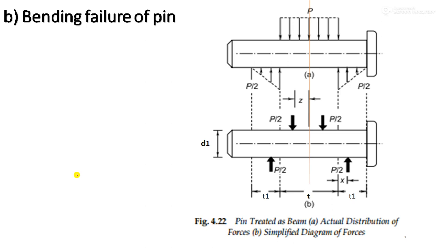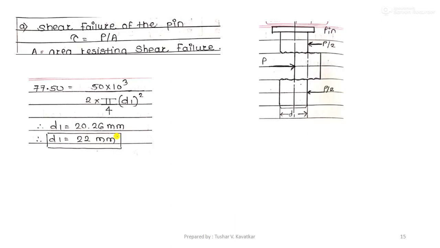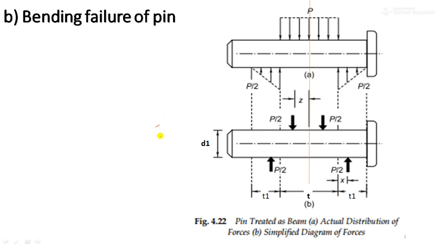So now, can we finalize this 22 mm? No. Why? Because this is a sliding joint, and when the pin is loose, what happens? It will be subjected to a bending failure.